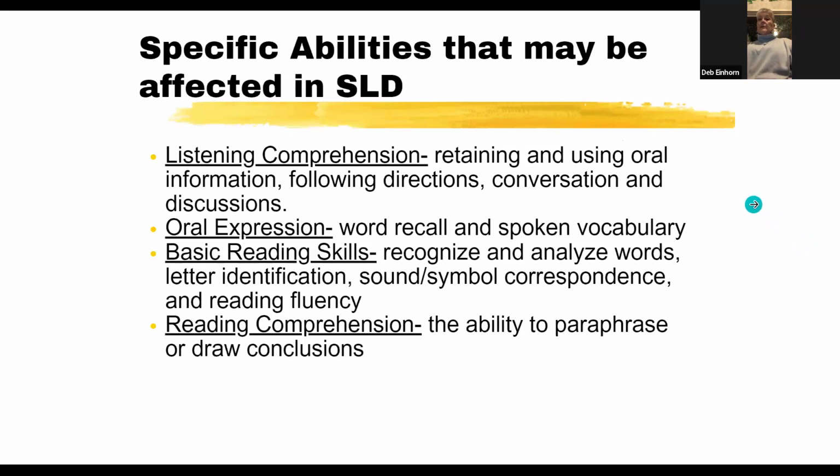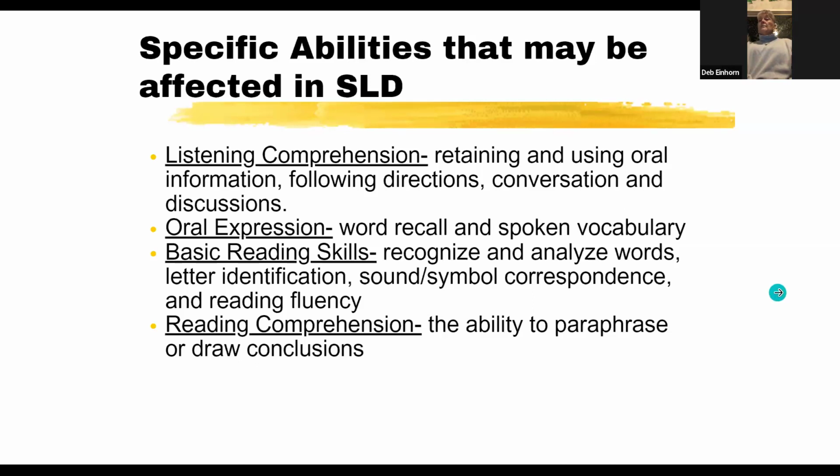They might have trouble with letter identification or sound symbol correspondence and reading fluency. So some children may be able to identify single words, but may have trouble being a fluent reader. They may struggle to read words and then to put together all the words that they just read and understand what they mean.